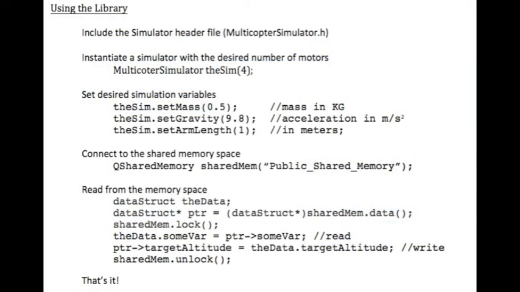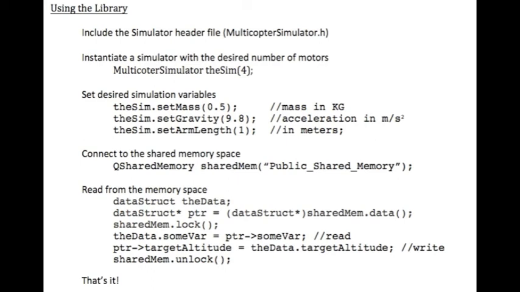Using our library is very simple and requires only basic familiarity with object-oriented programming and just the knowledge of the existence of shared memory spaces. These are the steps in code needed to create and start a simulation. First, a simulation object is instantiated with the desired number of motors.